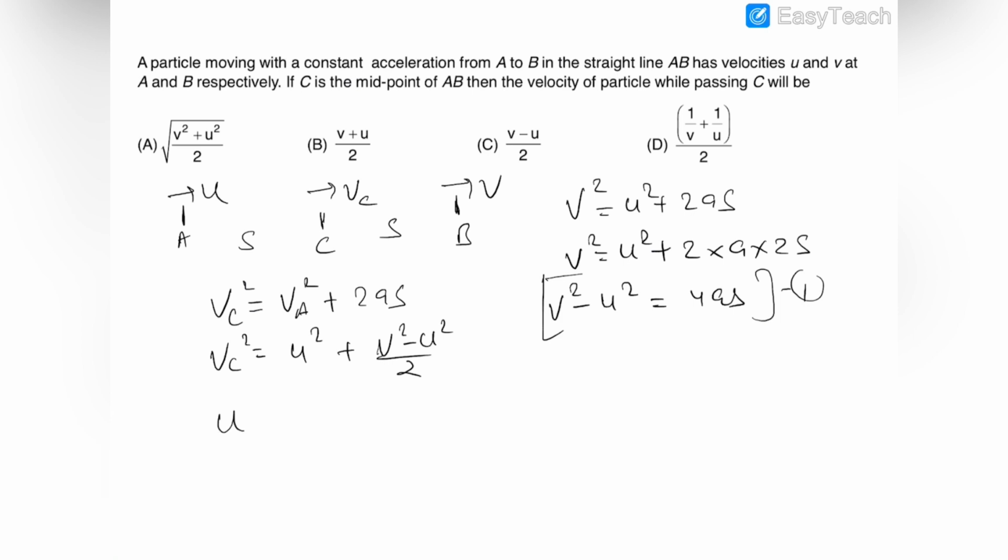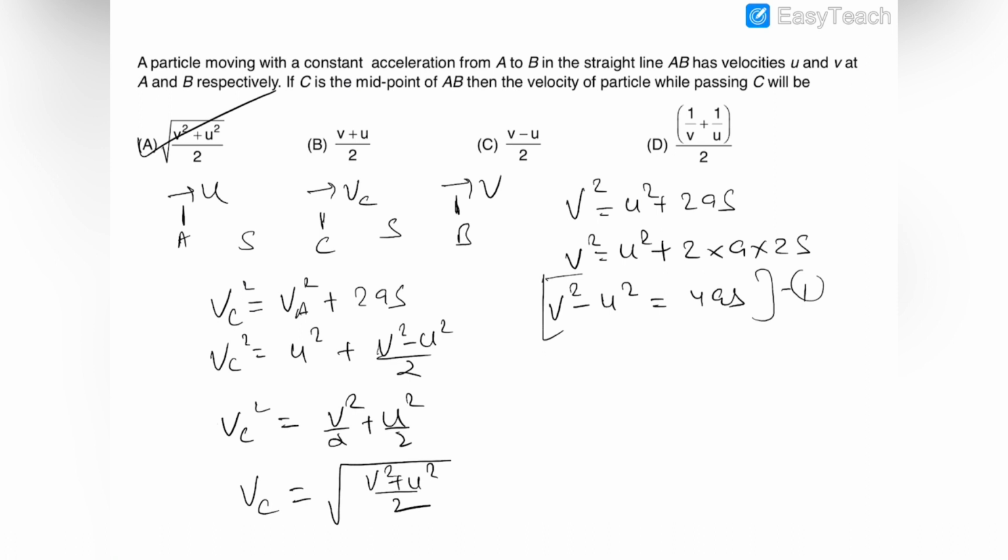So Vc square is equal to V square by 2 plus U square by 2 with a positive sign. So Vc is equal to the under root of V square plus U square by 2. So the correct answer is option A.